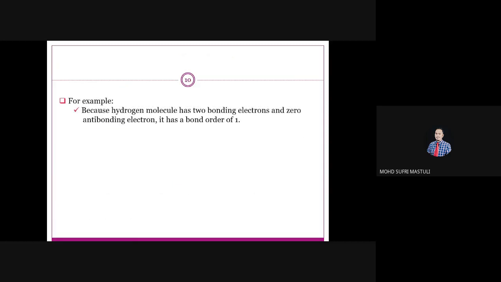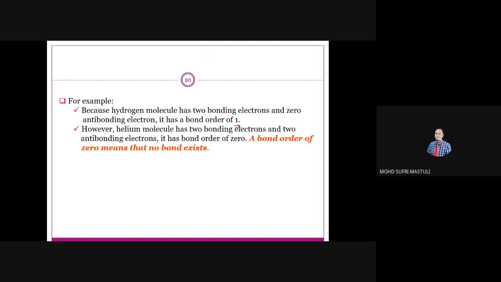As an example, the hydrogen molecule has 2 bonding electrons and 0 anti-bonding electrons, and when we include them in the formula of bond order, we calculate the bond order is equivalent to 1. For the helium molecule, He2, the 2 bonding electrons with 2 anti-bonding electrons, so the bond order is 0. When the bond order is 0, no bond exists.